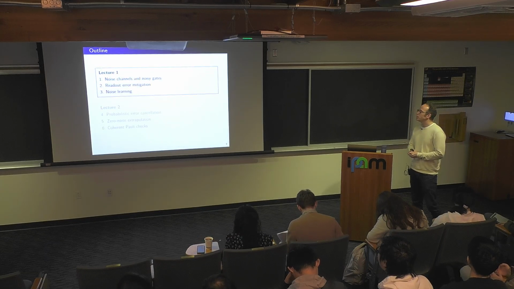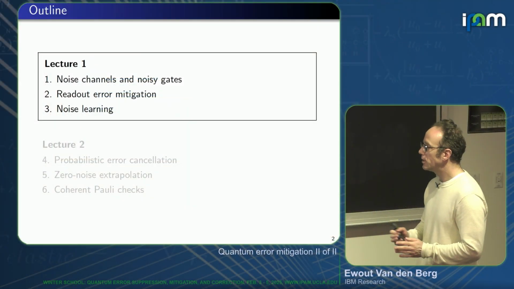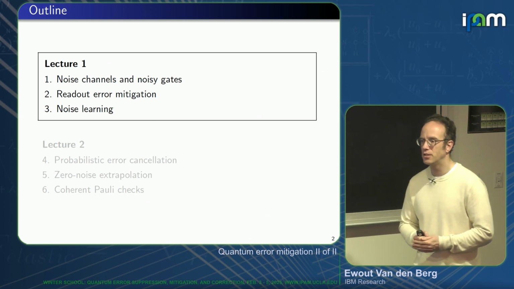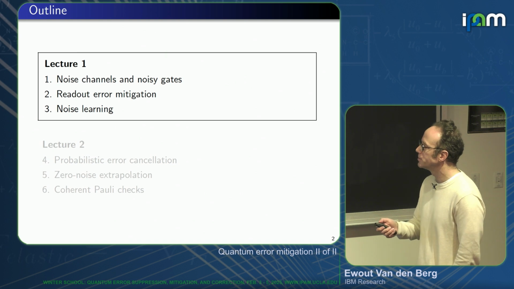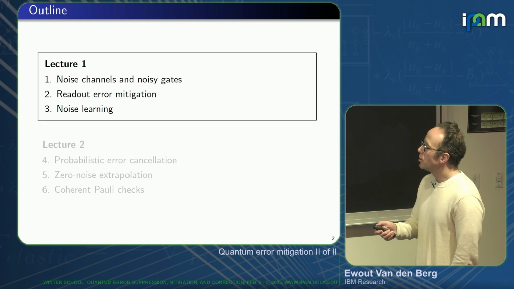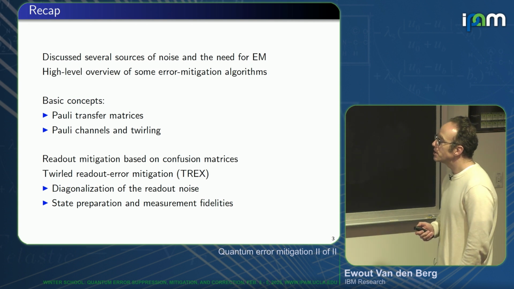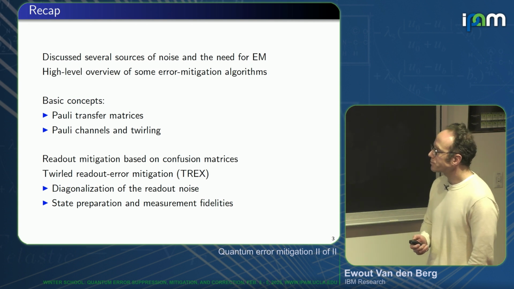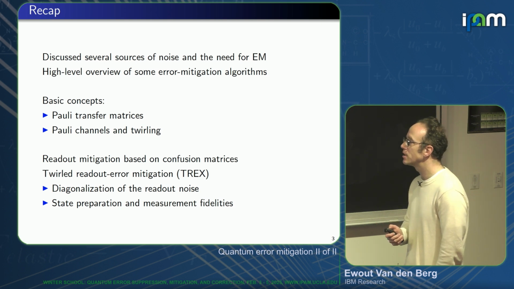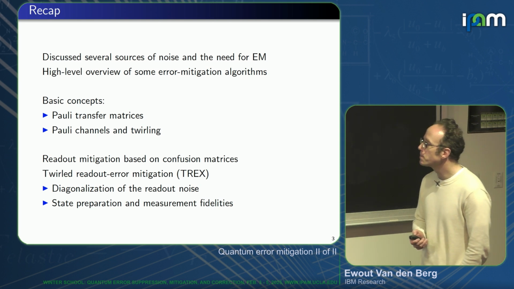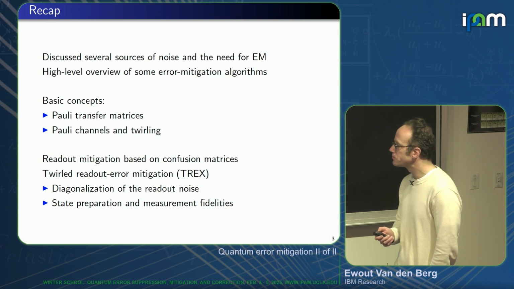So in the first half, we saw just the noise channels and noisy gates, readout error mitigation, and some basic noise learning of the Pauli noise channels. We looked at several sources of noise and the need for error mitigation, and a high-level overview of some of the algorithms, basic concepts such as Pauli transfer matrices, Pauli channels and twirling, and the readout error.